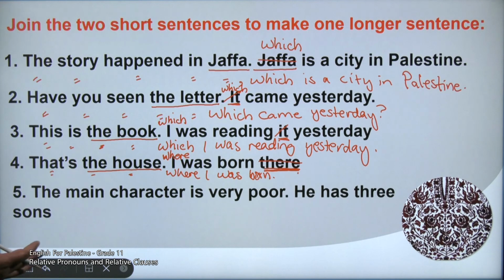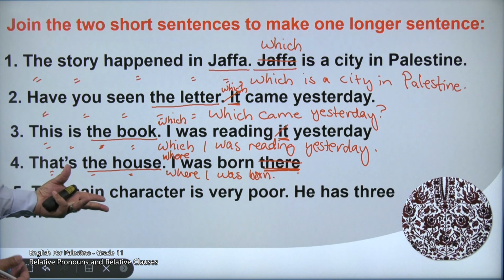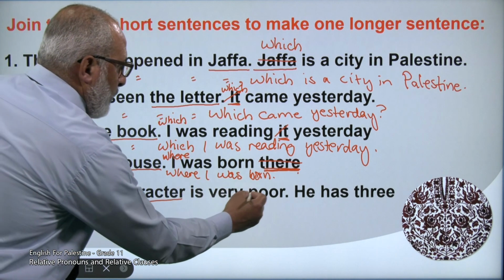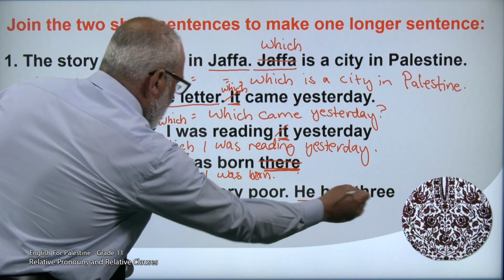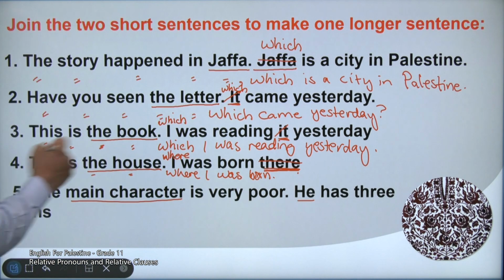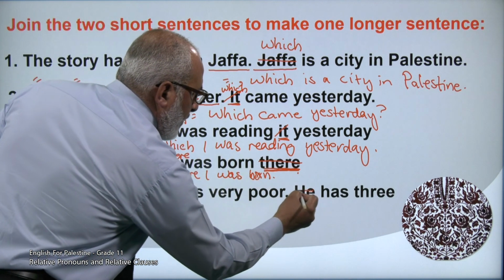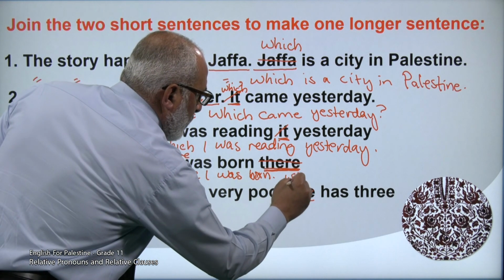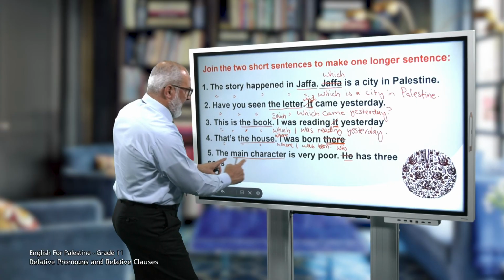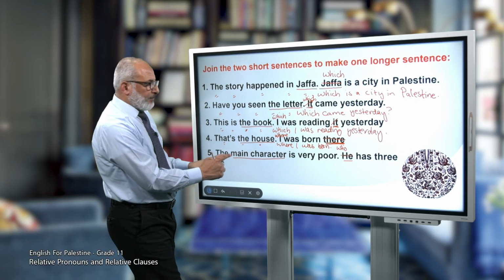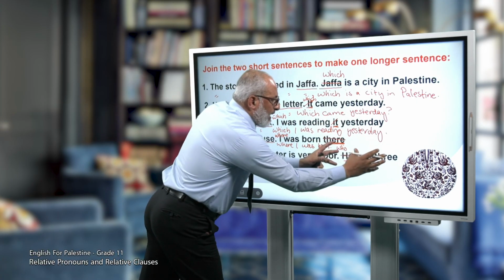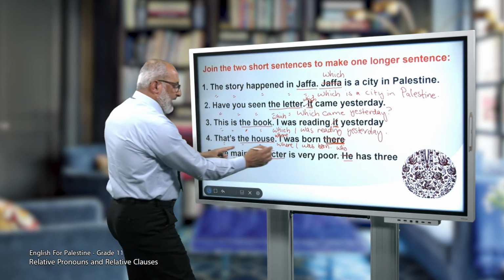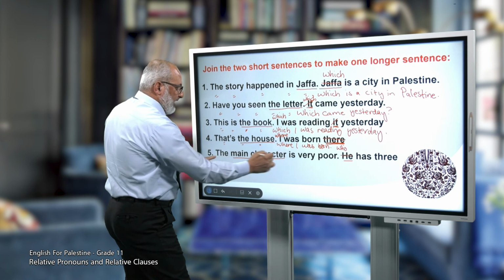Let's now move to number 5. The main character, this is the noun here, is very poor. He has 3 sons. The pronoun here, we delete this pronoun, we add who because the main character is a person. And then we take the whole clause and put it next to the word it describes.